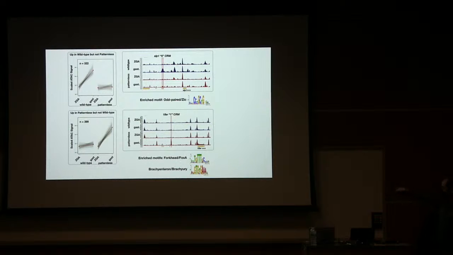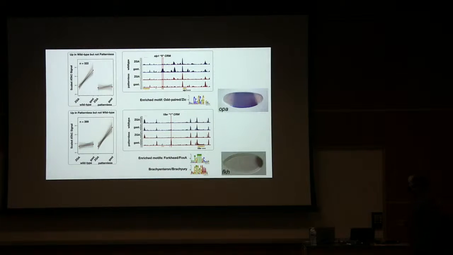FOXA, which I guess could be the proto-pioneer factor, the first one, whose ortholog is forkhead, as well as brachyury, which around the time that we published this had been identified as playing a pioneering role during mammalian mesendoderm specification, and is known as brachyenteron in Drosophila. These factors are expressed in the posterior endodermal fates, and we think this is consistent. It suggests that perhaps they're functioning in a pioneer-like manner to confer these changes in accessibility, specifically in this small subset of cells.